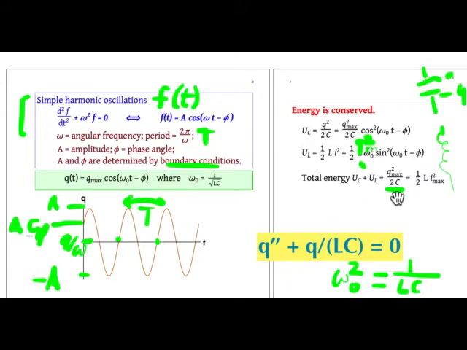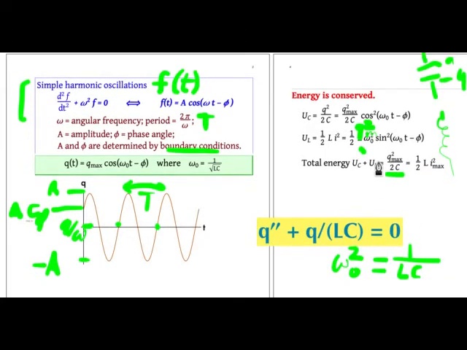Or I could write it in terms of the maximum current, because remember 1 over C is L omega 0 squared. So I could replace the 1 over C by L omega 0 squared. Then I'd have 1/2 L omega 0 squared Q max squared. Well, that's I max squared. That's the maximum energy stored in the inductor.